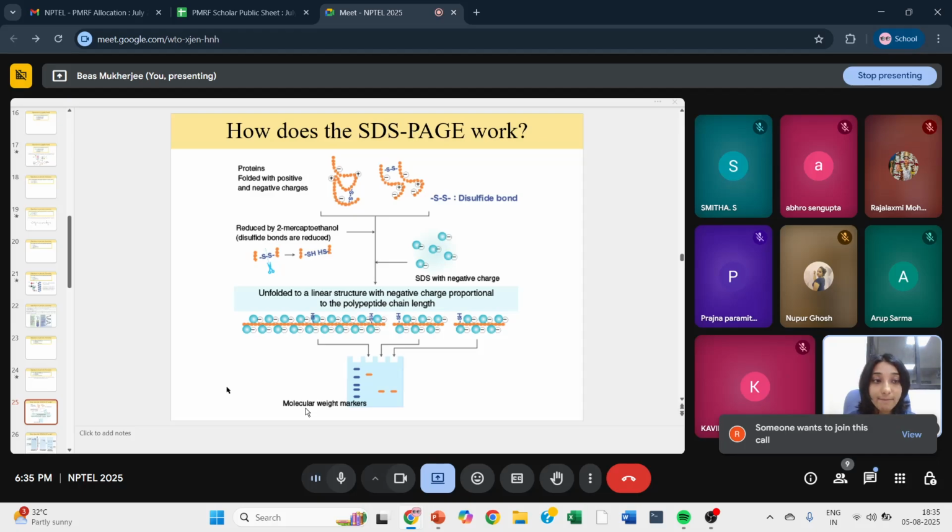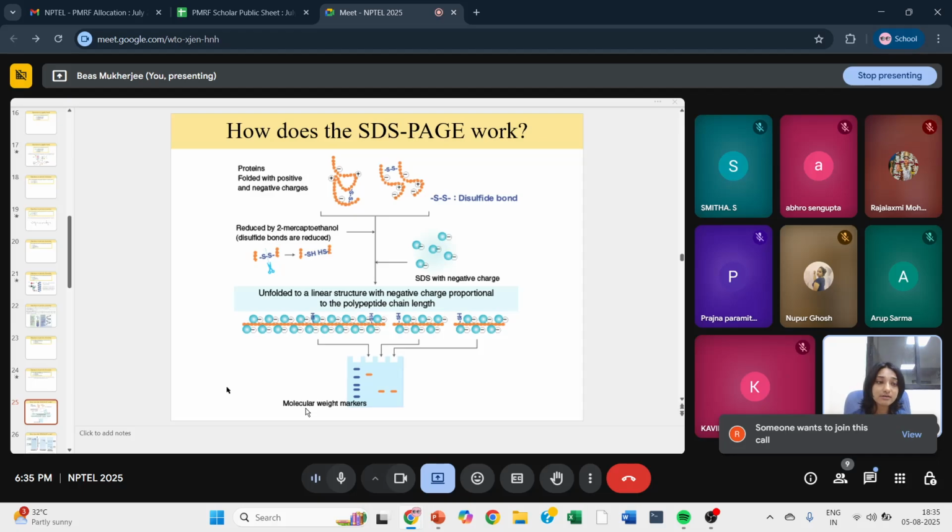So we introduce beta mercaptoethanol. Beta mercaptoethanol breaks down all the disulfide linkages, and then we heat the protein. We denature the entire protein. Then we put in a lot of SDS. SDS is sodium dodecyl sulfate, which is a detergent.